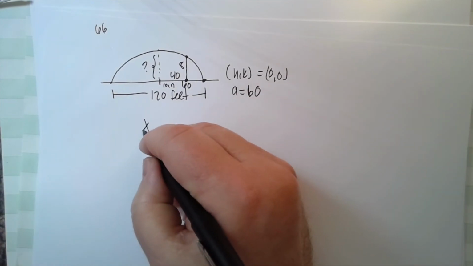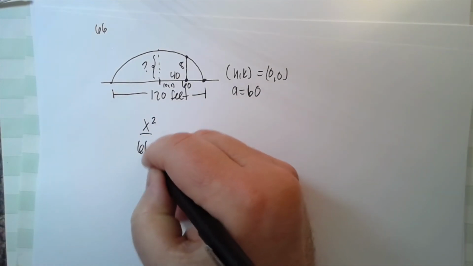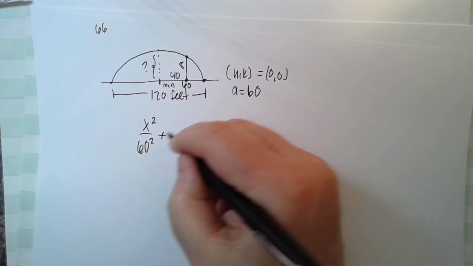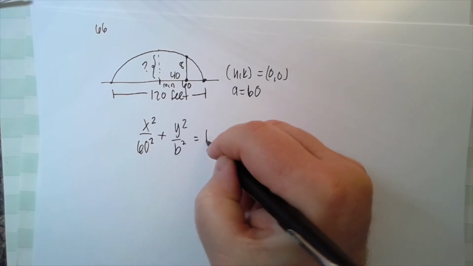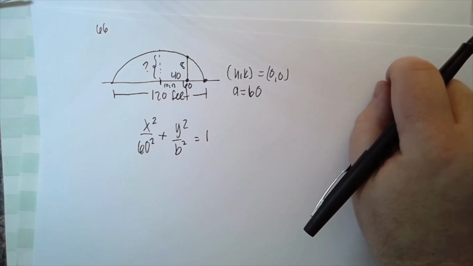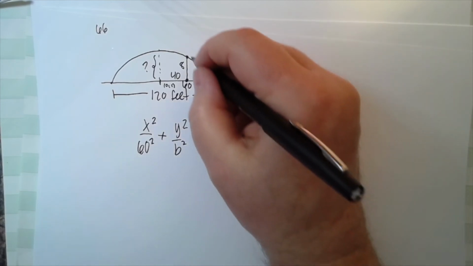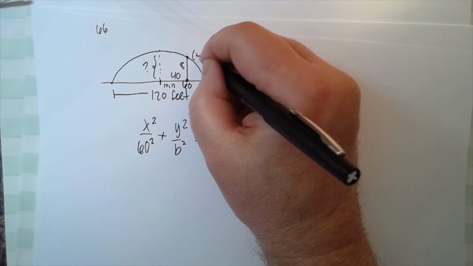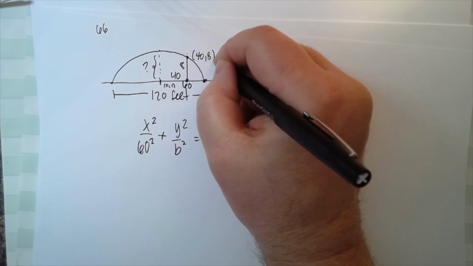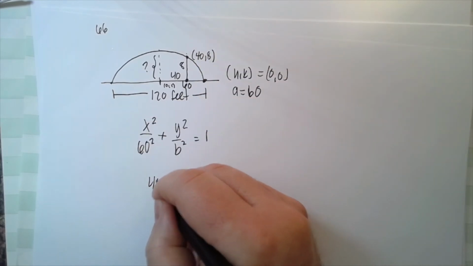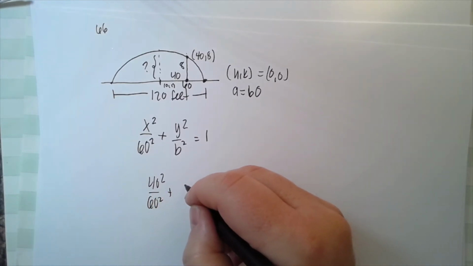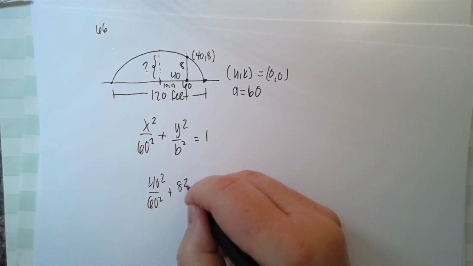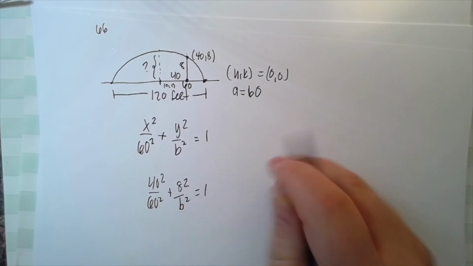Well, I know that x squared over 60 squared plus y squared over b squared has to be equal to 1, like that. Now I also know that this coordinate right here would be 40 over and 8 up. So I can plug in 40 squared over 60 squared plus 8 squared over b squared, and now I can solve for b.